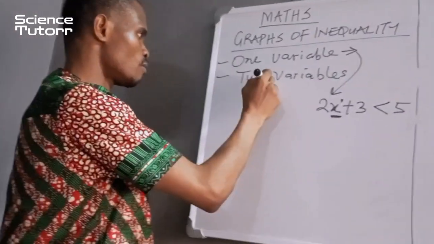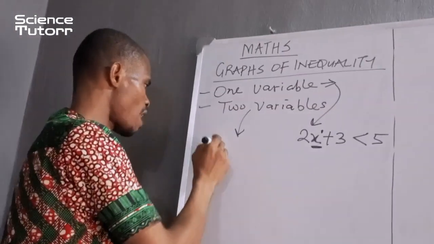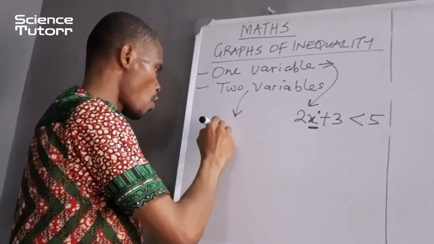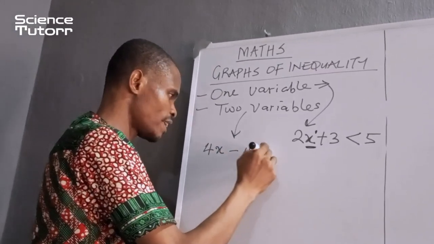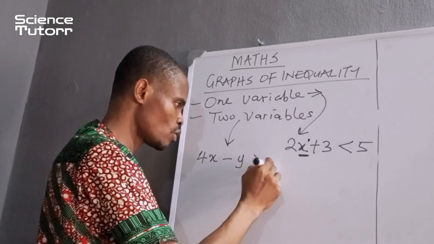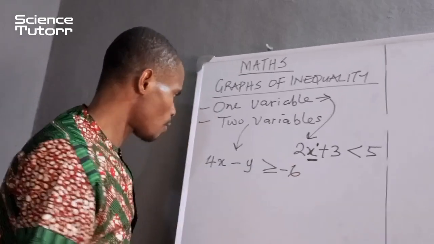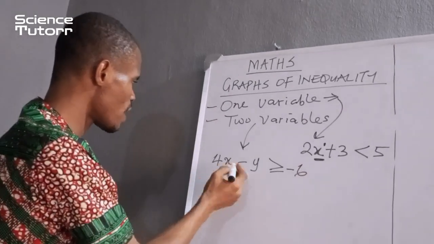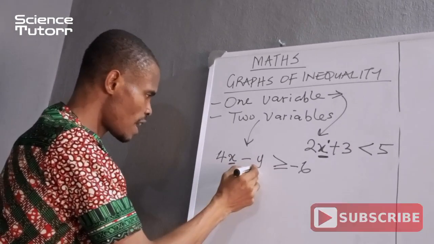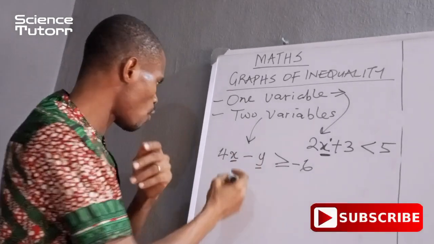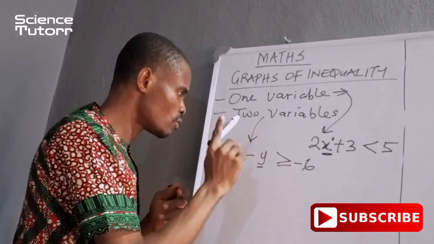In most cases, we will have something like 4x minus y is greater than or equal to minus 6. Now, you notice in this case, we have x and y, two variables involved, raised to power 1 each.